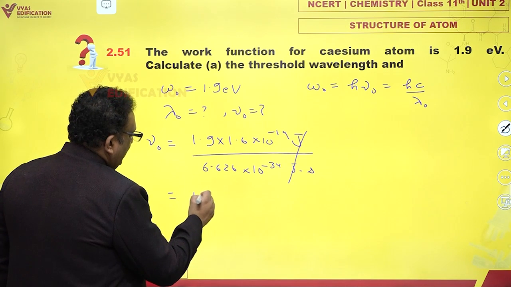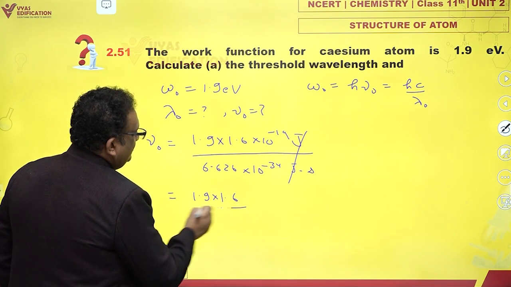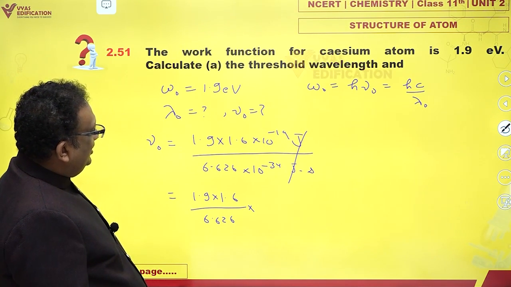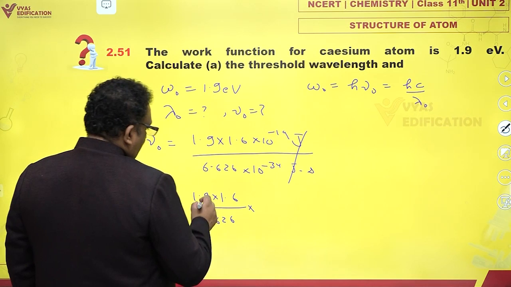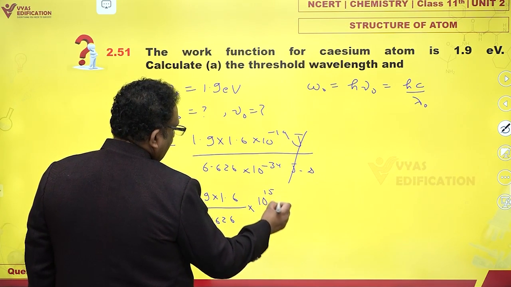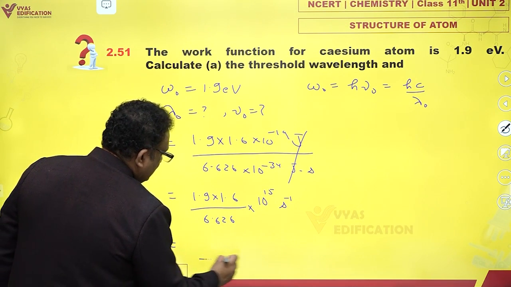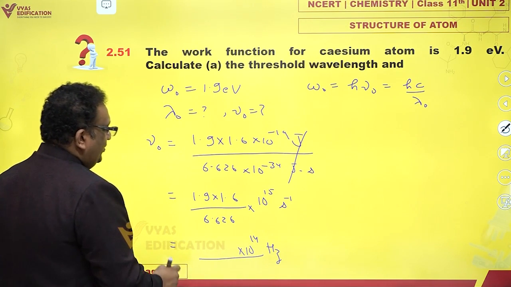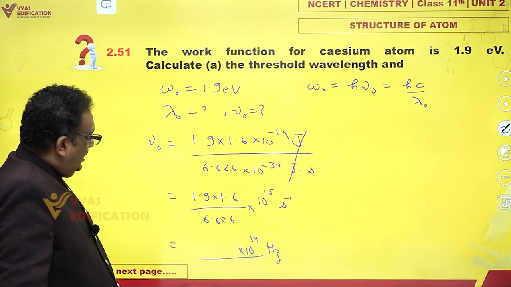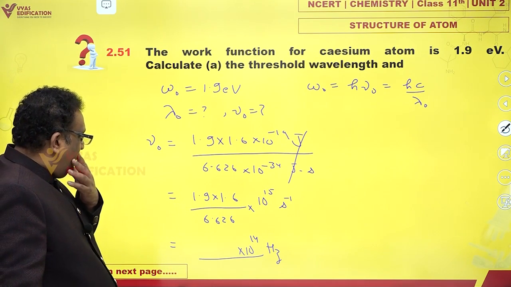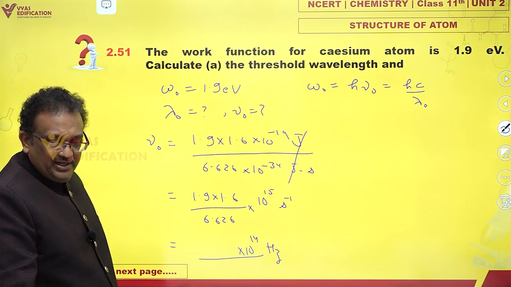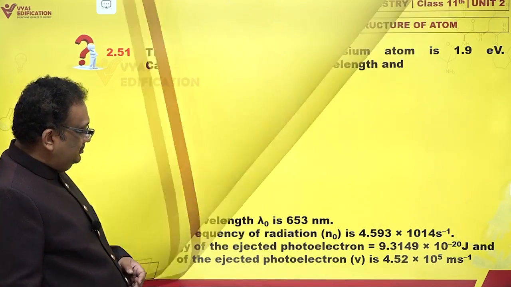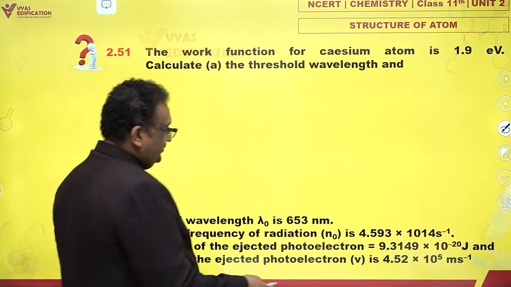What do we have? 1.9 × 1.6 by 6.626. 34 minus 19 is 15, per second, which is so many hertz into 10^14. That would come out to be the order of magnitude. And this would be 16 fours are 64, that is about 4 point something, 4.9, 4.8, something in that range. What is that here?